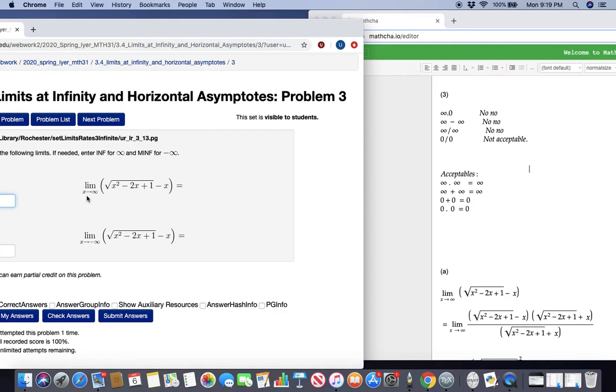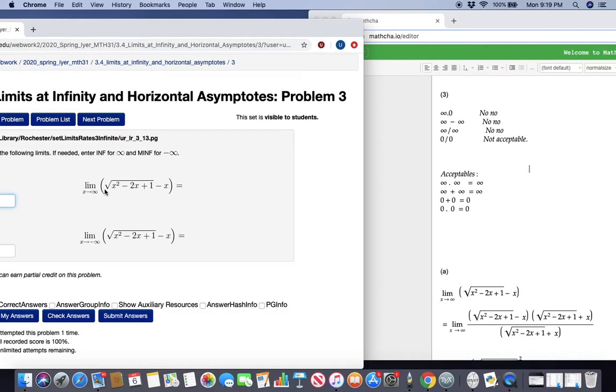So for the sake of argument, let's take x to be, say, 1000. Then 1000 squared is a million. Then minus 2000. So a million stands out in comparison to 2000 plus 1. So the square root of a million gets me approximately 1000, minus 1000.